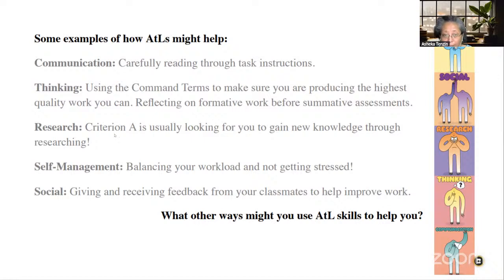Research skills, criterion A is usually looking for you to gain new knowledge through researching. Self-management, balancing your workload and not getting stressed. Social, giving and receiving feedback from your classmates to help improve work. So these are the examples of how ATL helps in assessments. Okay.